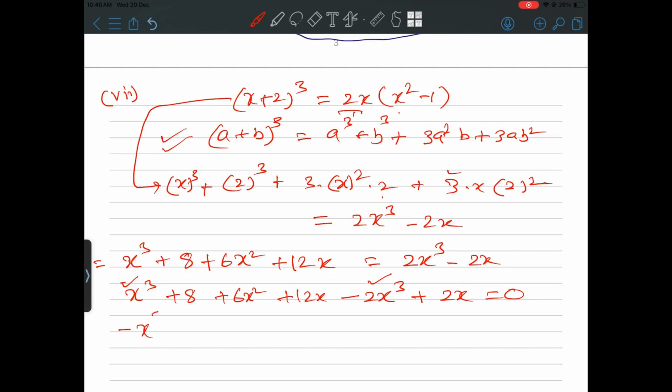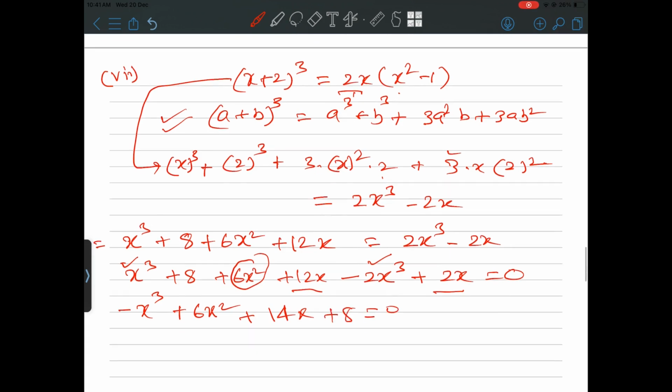It's basically minus x cube because 1 minus 2 is minus 1. Now combine the x square term, 6x square, only one term we have, so just keep it here. Then combine the x terms, so we have 12x and 2x, that becomes 14x. Now we have the constant left, so plus 8 is equal to 0.